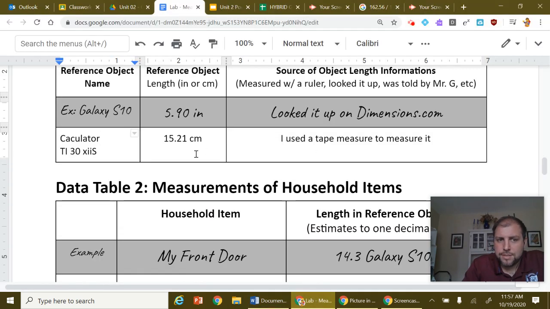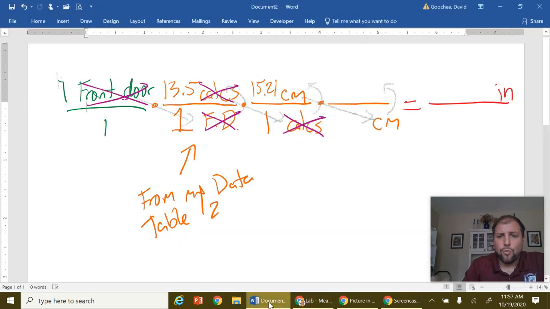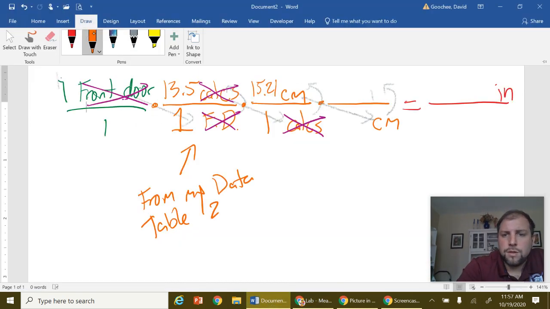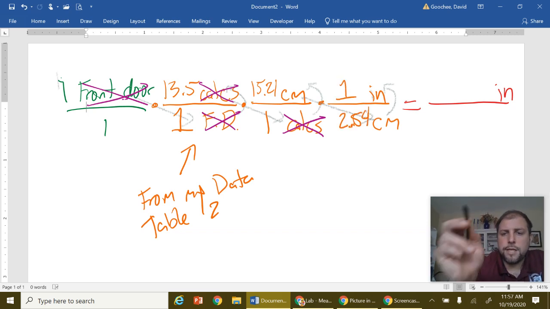And it just so happens that up here in the lab data table, these are the conversion factors. 1 inch is 2.54 centimeters.